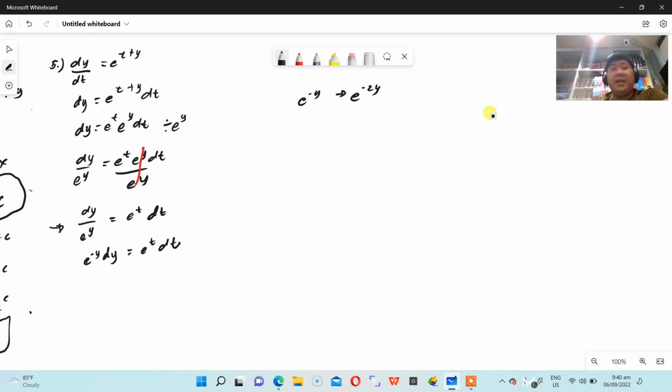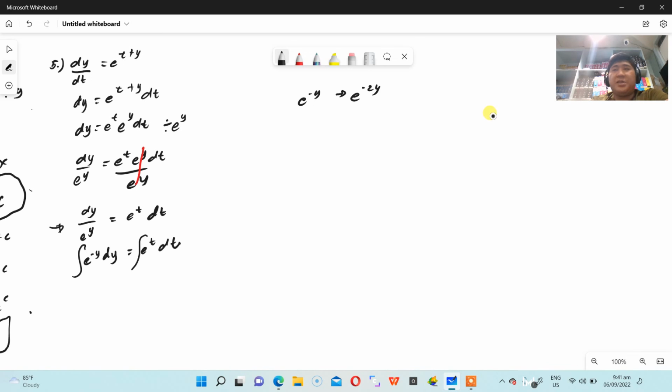Since it is in the denominator, its reciprocal can be e raised to the power of y with a negative exponent. That is your algebra. When you make this one not a fraction, then the power becomes negative. So from there, you can now integrate.